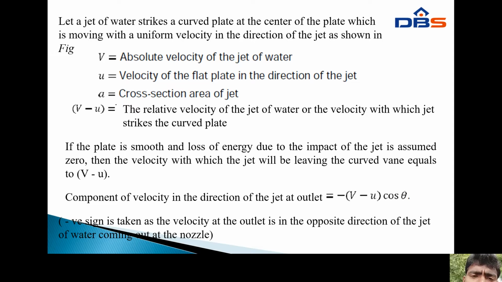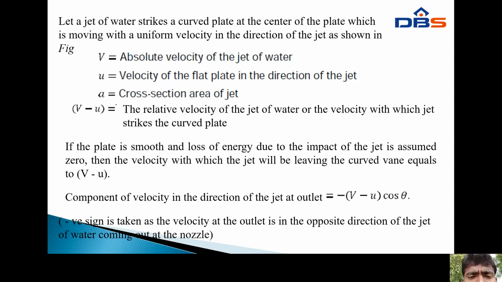V equal to the absolute velocity of the jet of water, u equal to the velocity of the plate in the direction of the jet, A equal to the cross-sectional area of the jet, v minus u equal to the relative velocity of the jet of water, or the velocity with which the jet strikes the curved plate.